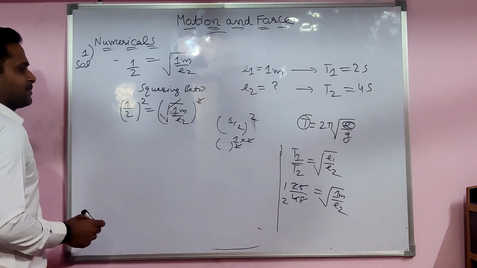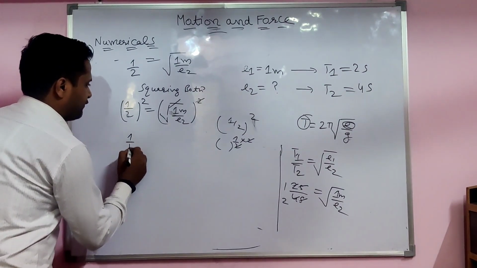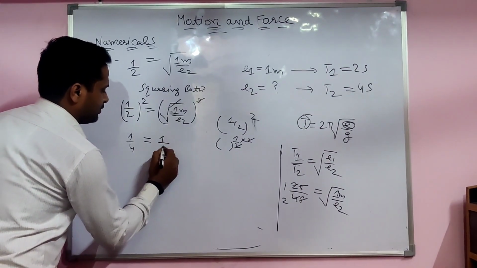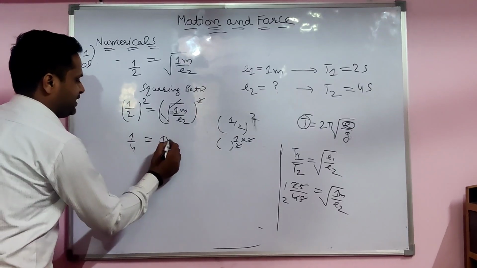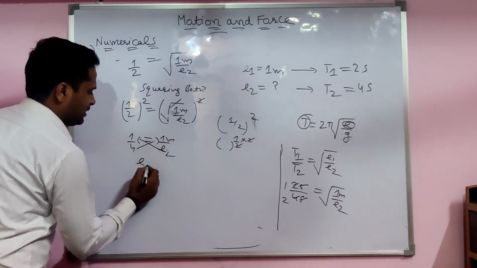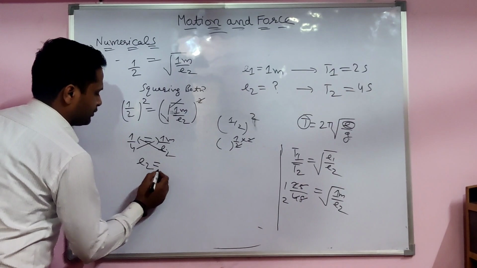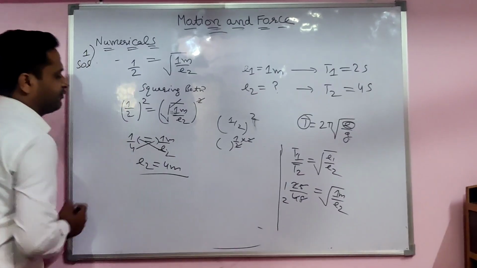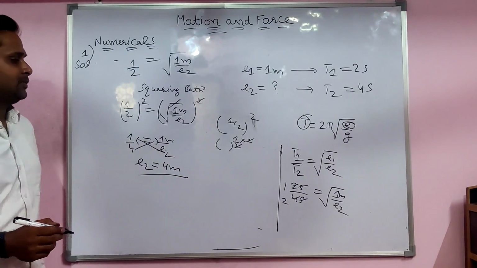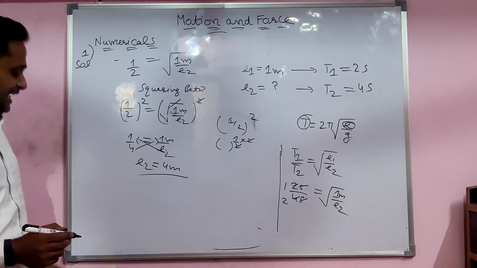Like this, 1 by 4 equals L1 upon L2, so L2 meter, cross multiply, then L2, the answer is 4 meter. The answer is 4 meter, squaring both sides.